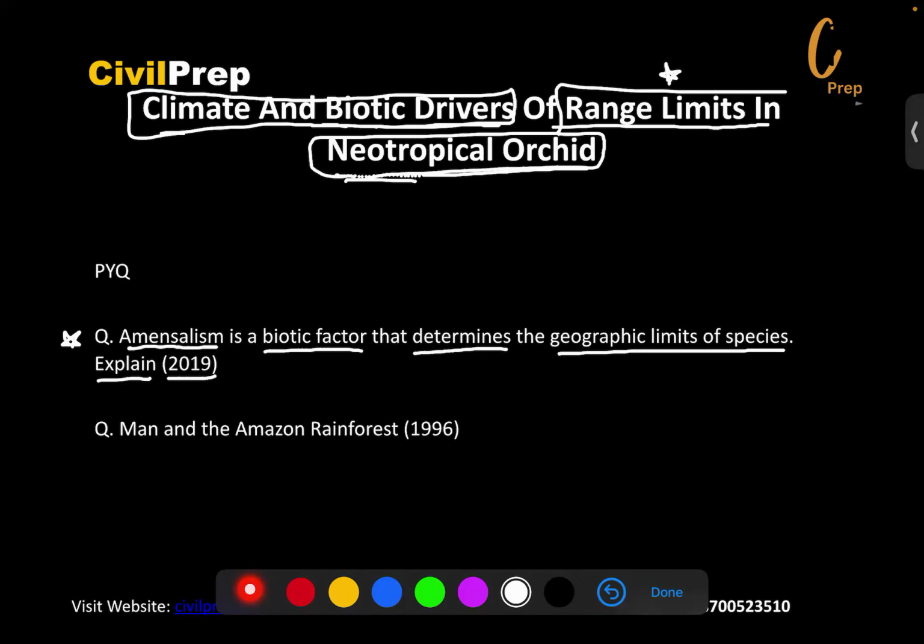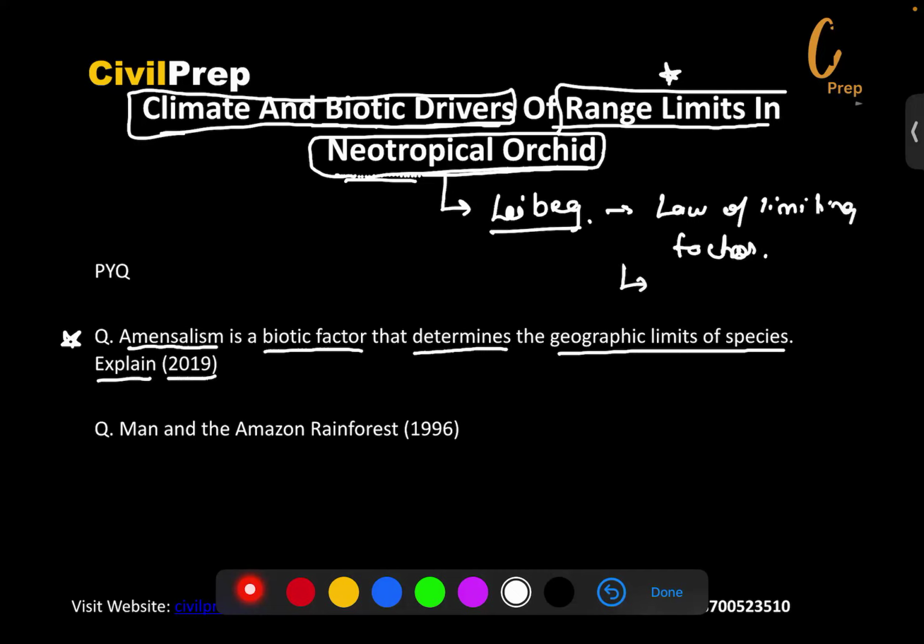So here we can see a limiting factor. The limiting factor was given by Liebig. Liebig has given the law of limiting factor, which helps us to understand that any kind of nutrient, food, water, sunlight can act as a limiting factor.